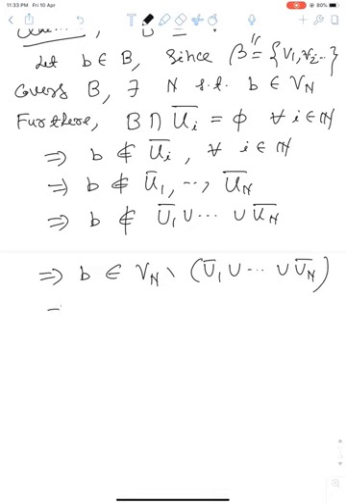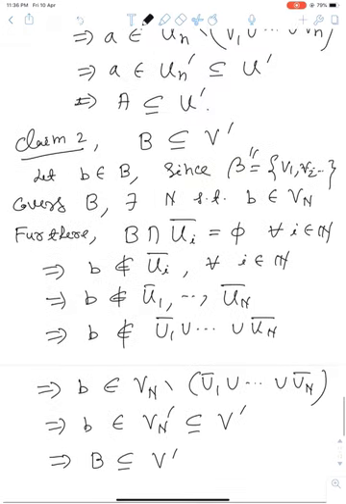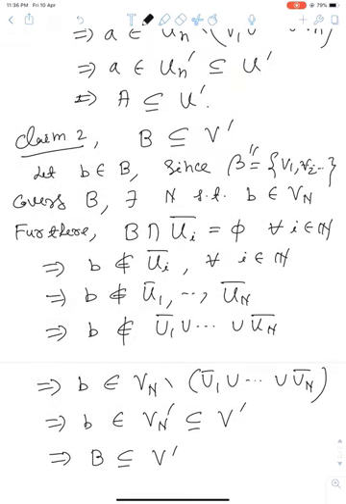So b belongs to my Vn dash. So this is a subset of V dash, right? Now that implies B is a subset of V dash. Okay. So claim 2 achieved.